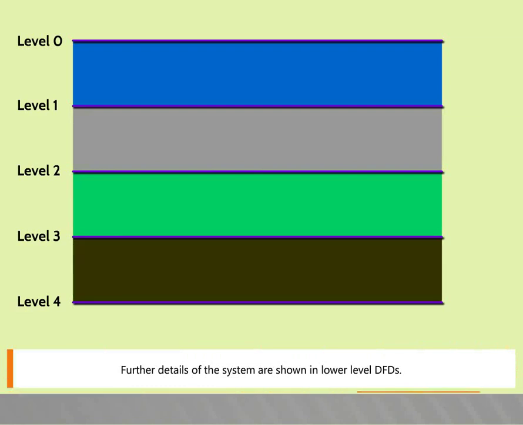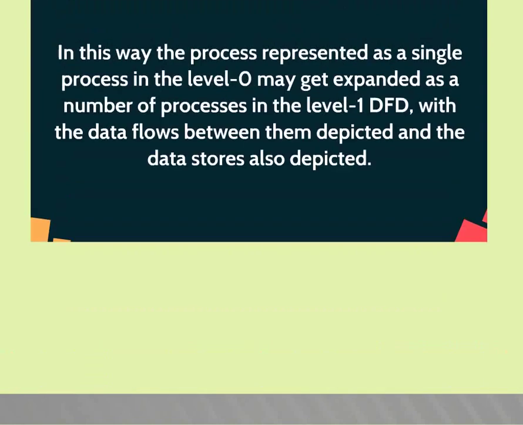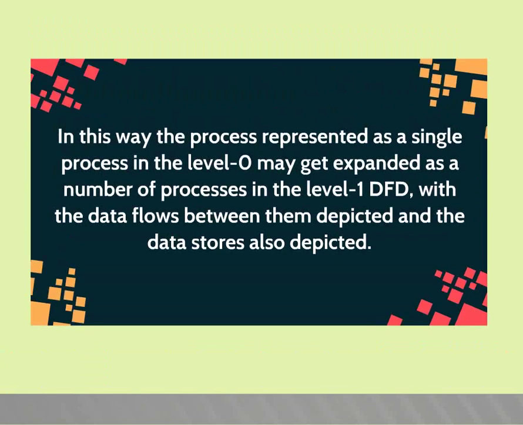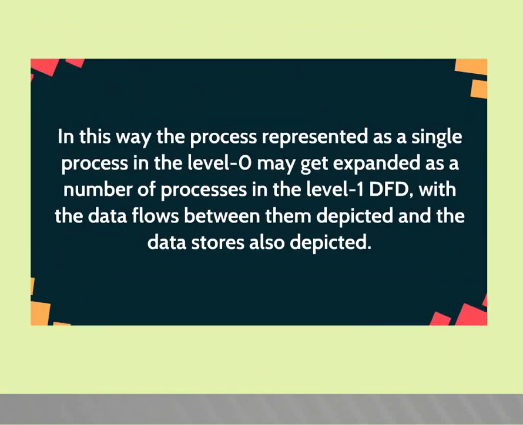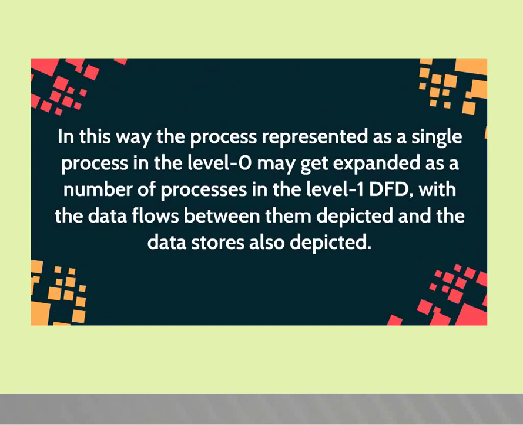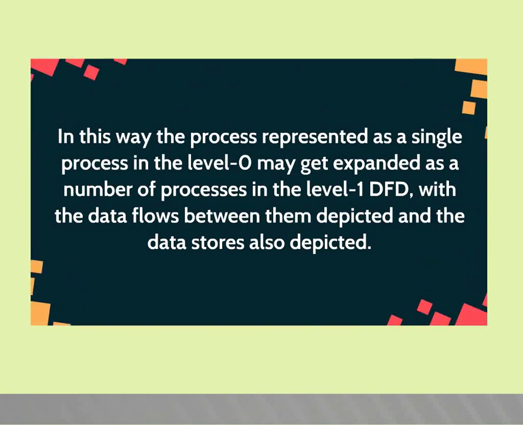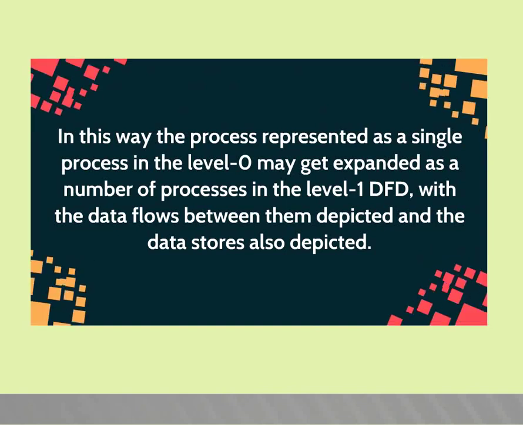Further details of the system are shown in lower level DFDs. In this way, the process represented as a single process in the level 0 may get expanded as a number of processes in the level 1 DFD with the data flows between them depicted and the data stores also depicted.